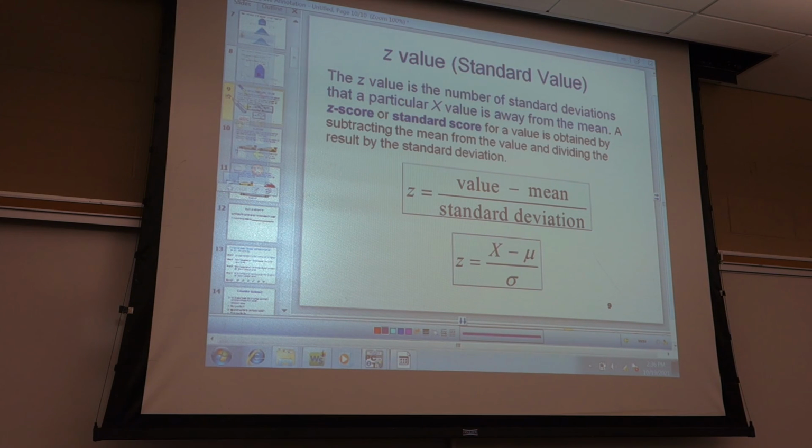You find out how far it is from the mean by subtracting the mean. And then you change that in terms of standard deviations by dividing by a standard deviation. So it's the value minus the mean divided by the standard deviation. In terms of notation, your z-score is x minus mu divided by sigma.